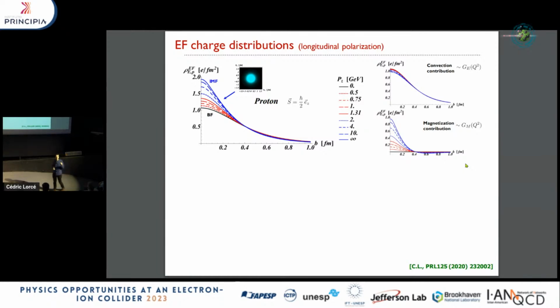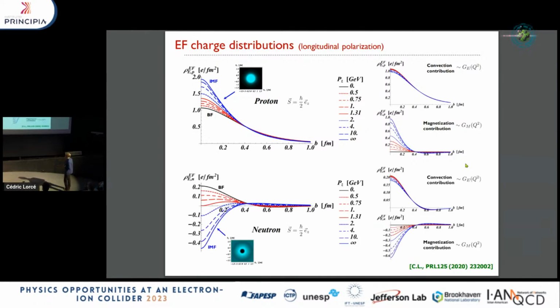And this explains why in the neutron, you get a negative charge distribution in the center, because in the Breit frame, you have what you expect, positive charge in the center, negative charge at the periphery. But as you increase the momentum, you start to mix in an induced magnetization contribution, which is negative because the magnetic moment of the neutron is negative. And at some point, this contribution is much larger than the convection contribution and creates an apparent negative distribution in the center of the neutron.